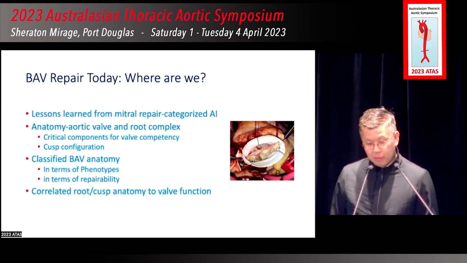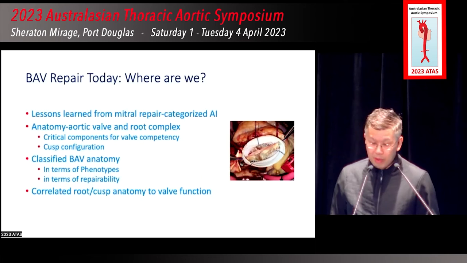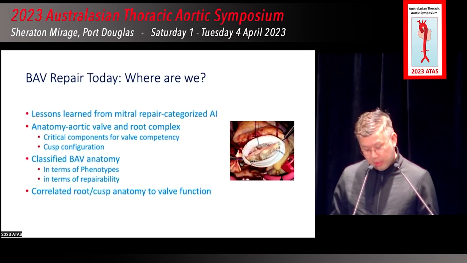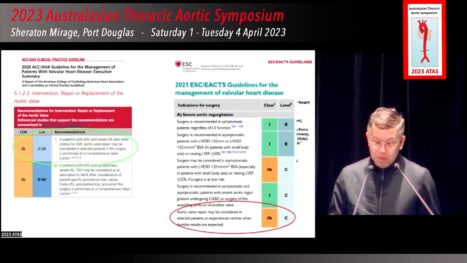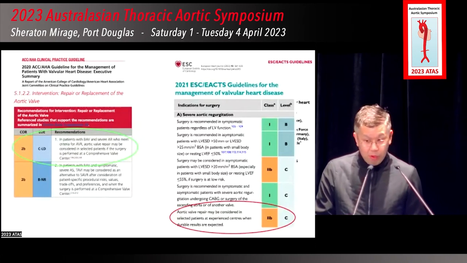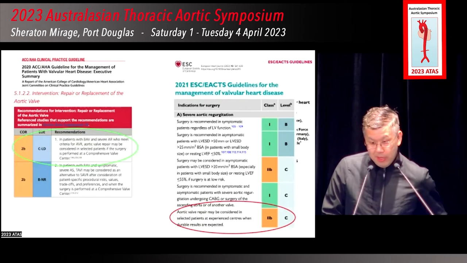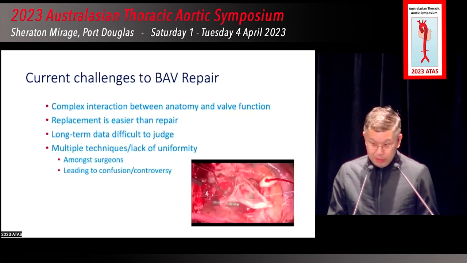We understand the importance of cusp configuration, and we've classified BAV anatomy both in terms of phenotype and what's repairable, and we've correlated root and cusp anatomy to valve function. Because of that work, in both the AHA-ACC guidelines as well as the European guidelines, BAV repair is now considered a 2B indication in the appropriate anatomic setting and in selected patients.